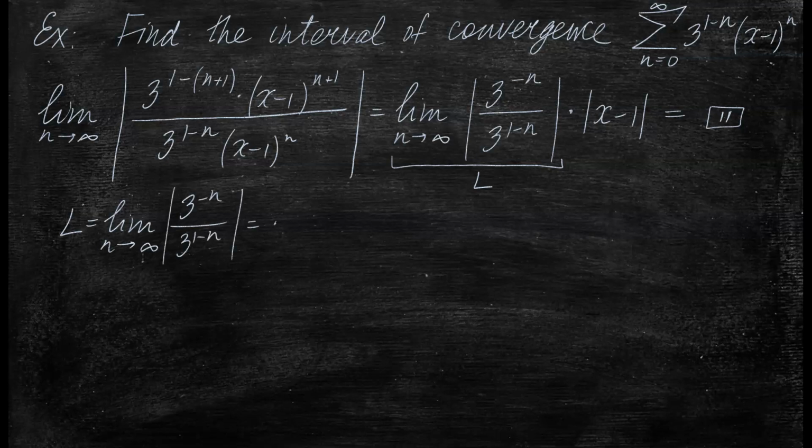Since everything is positive, we don't really need the absolute value, but to simplify this expression, we're going to use the properties of exponents. And what do we have here? Seems like the limit is just 1/3. Now that we know what L is, we can continue the solution.